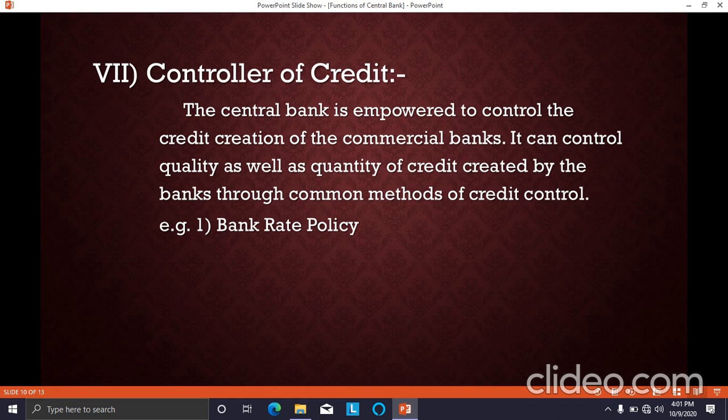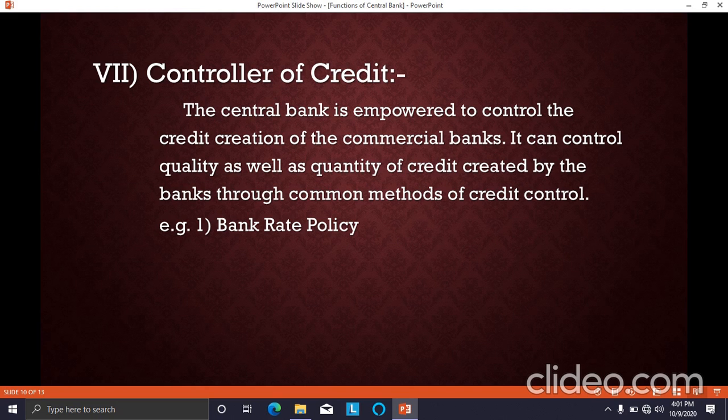It has to be decided by the central bank. Say for example, we keep a fixed deposit in the bank. Previously the rate of interest on it used to be 12%. Now it has been reduced to 7%. Why is there a reduction? To reduce the burden of interest on the economy, this rate of interest has to be reduced.